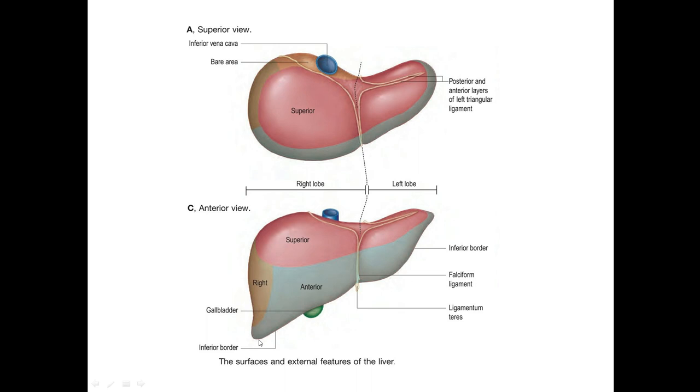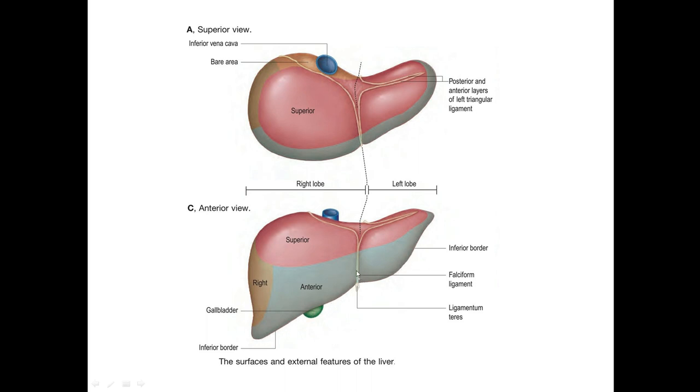And if you see over here, sorry, this is the border and this is the inferior border. Here lies the gallbladder. We can see the gallbladder over here. So on the inferior border, you can see 2 structures.